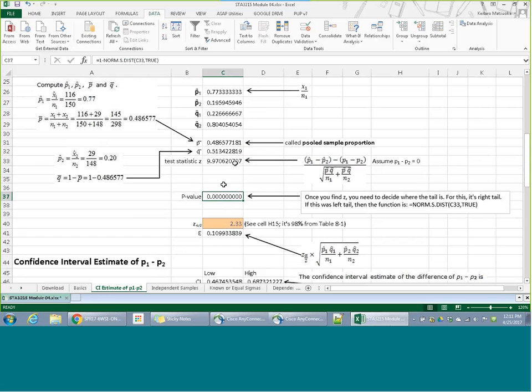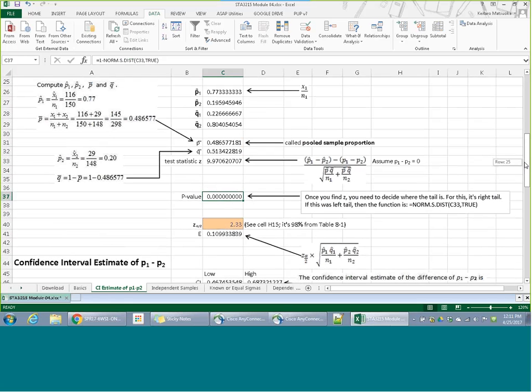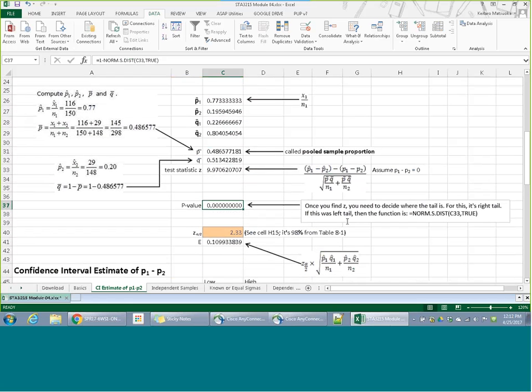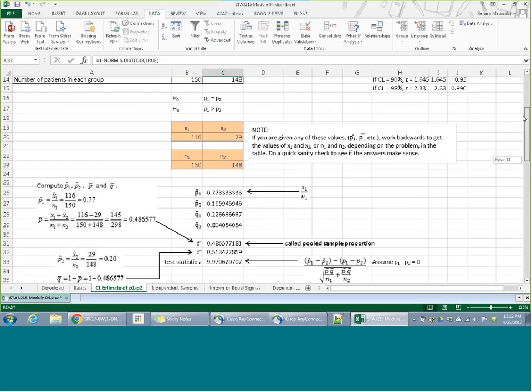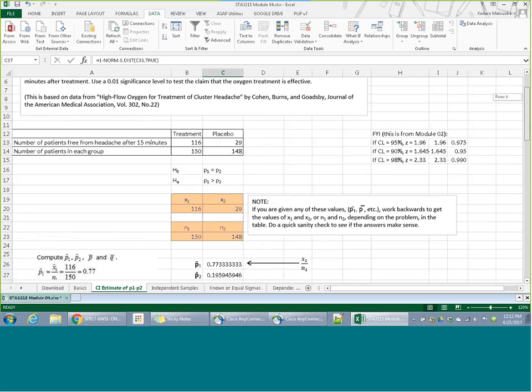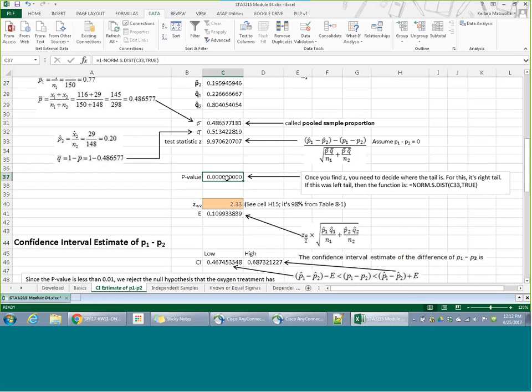If it is left tail, for example, if this was less than here, then just switch this cell to look like this to get the left tail. So this section will calculate one tail, either left tail or right tail, for a claim about 2 proportions. And the only thing you've got to change is down here. Now, that's the p-value method.